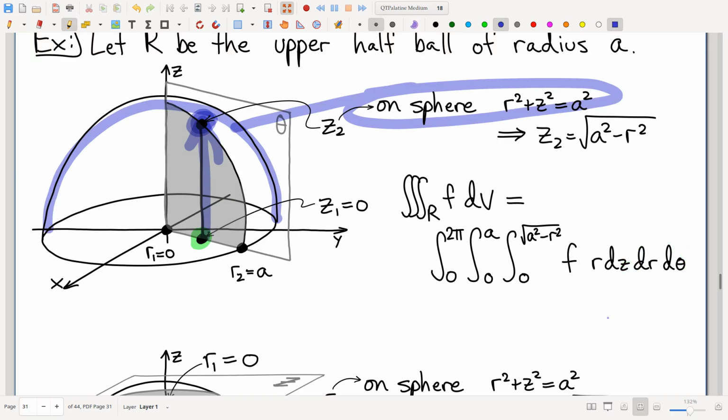Again, make sure to always think this through. It's real easy to mess this up. We are looking for a z bound, so we solve this equation for z, and that gives our upper z bound right there. Okay, sorry I went over.